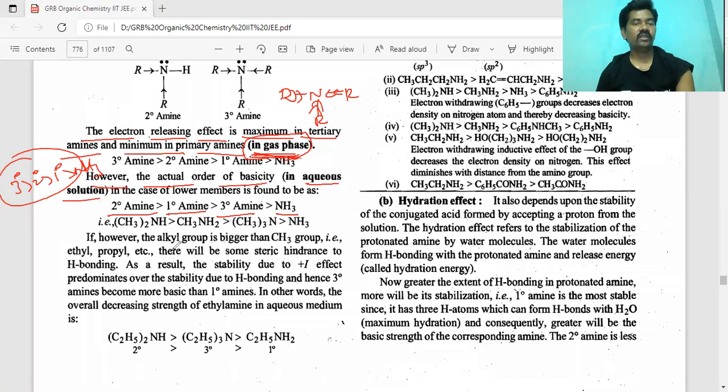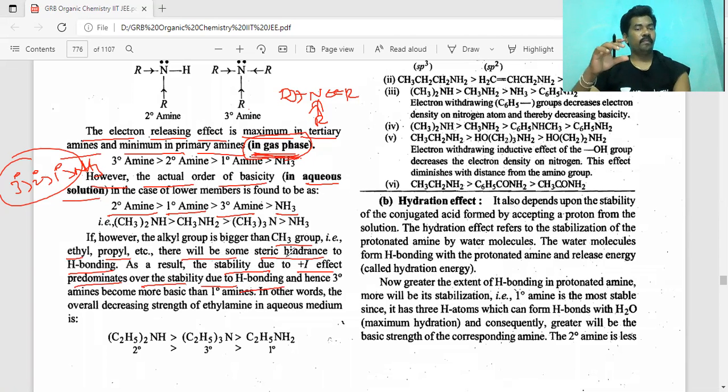If the alkyl group is bigger than methyl group, that is ethyl or propyl, there will be some steric hindrance to hydrogen bonding. More steric hindrance to hydrogen bonding means the stability due to plus I effect predominates over the stability due to hydrogen bonding.